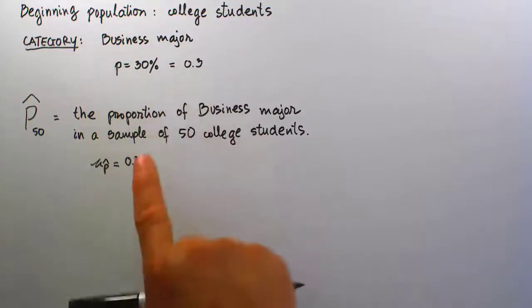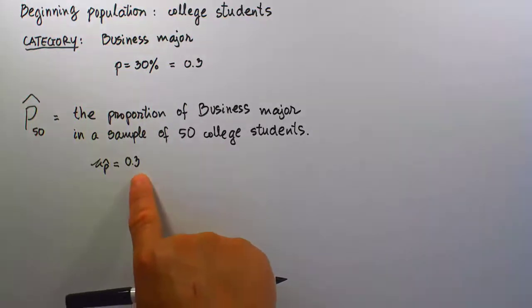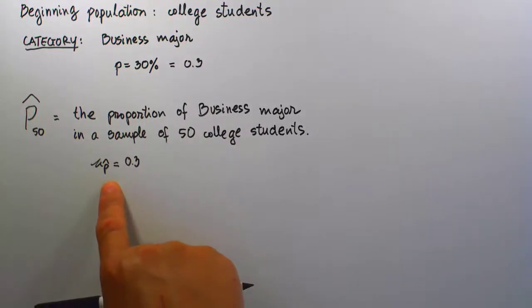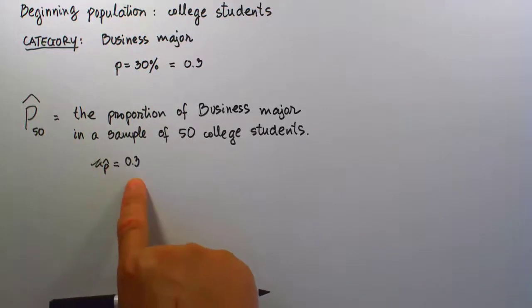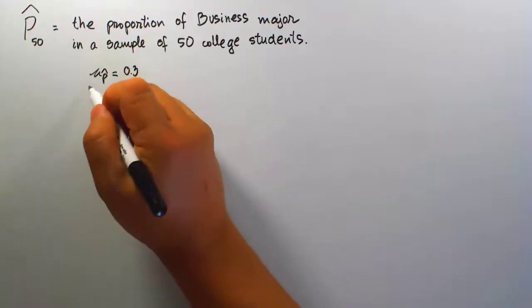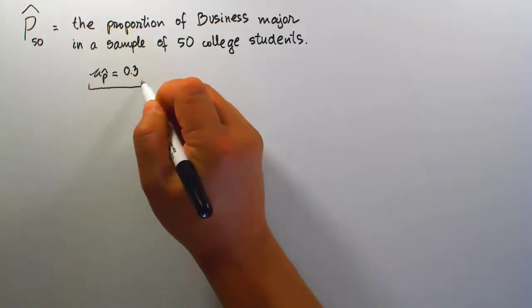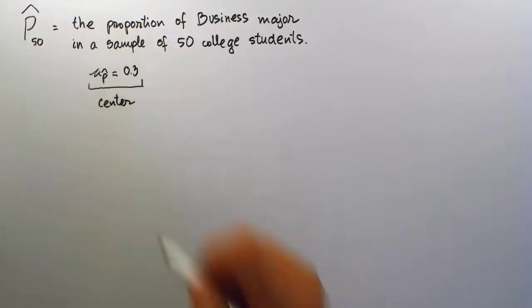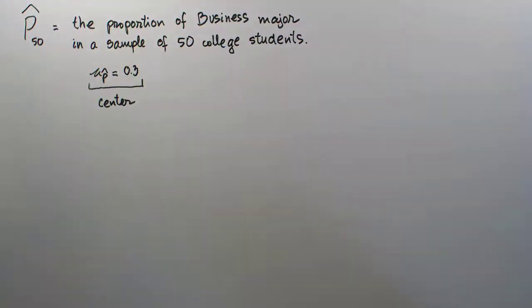So, automatically guaranteed by the central limit theorem, the mean value of all sample proportions must equal 0.3. And obviously this is our center of the sampling distribution of the proportion.